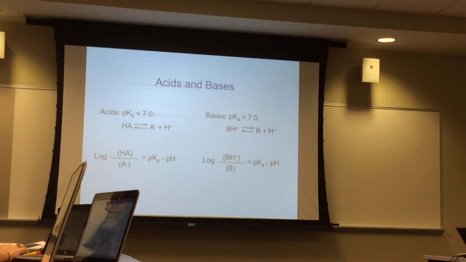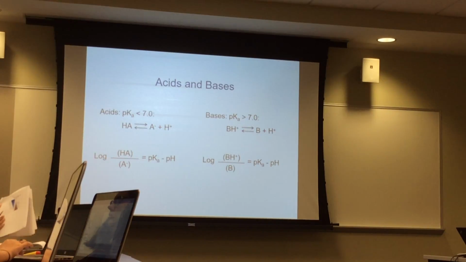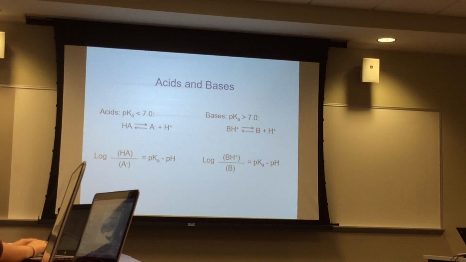So what decides an acid or a base? Acid if the pKa is less than 7, base if the pKa is higher than 7. And you know the rule that pKa plus pKb equals 14. That's why you split in half. If an acid has a pKa of 5, its pKb is 9 because they have to add up to 14.